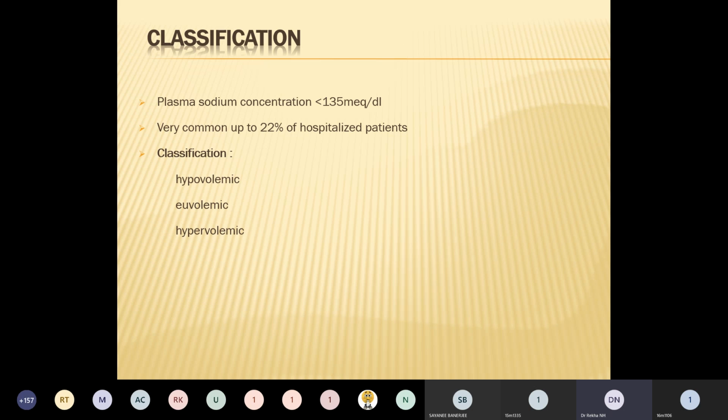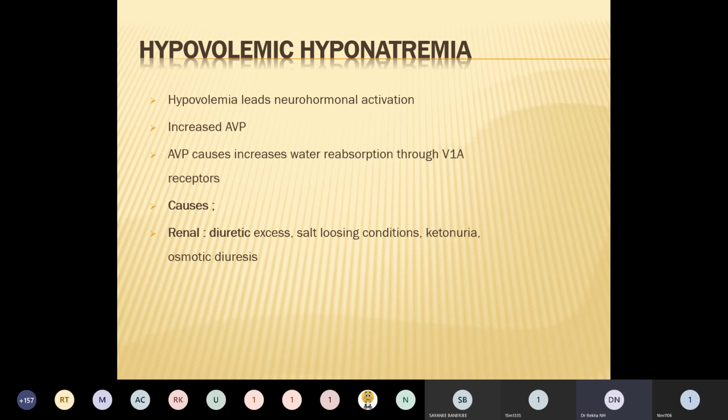Okay, so classification of hyponatremia. Hyponatremia comprises 22% of hospitalized patients. Classification is hypovolemic, euvolemic and hypervolemic, based on the volume status. Hypovolemia leads to neurohormonal activation and increased arginine vasopressin.